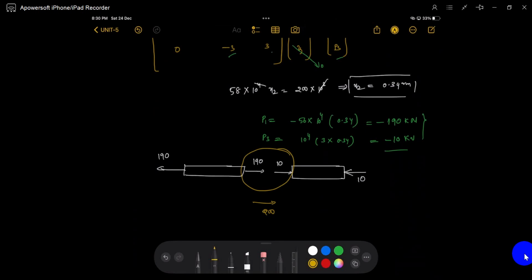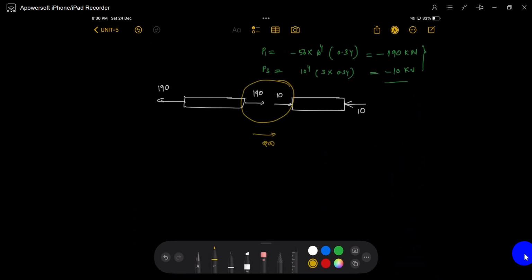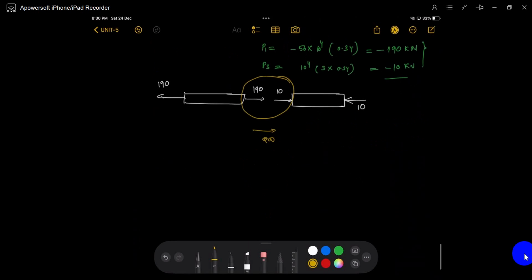Now for this problem, we will see the stress also. What is the stress? Strain into Young's modulus. What is the strain?